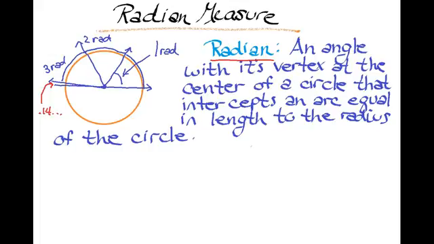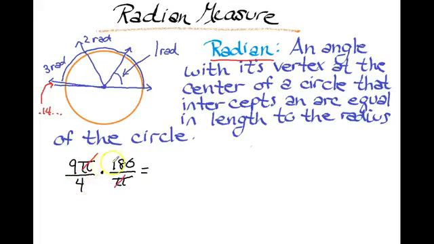To go backwards, you multiply by the reciprocal, 180 over pi. So let's start off with converting 9 pi over 4 back to degrees, and we will multiply by 180 over pi. Our pi's will cancel out.